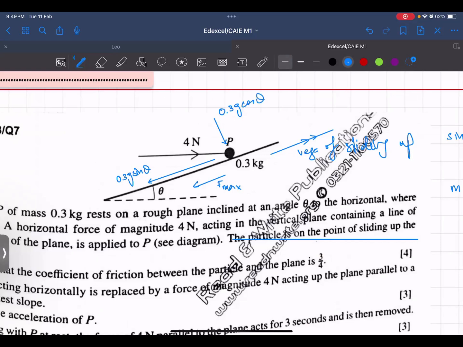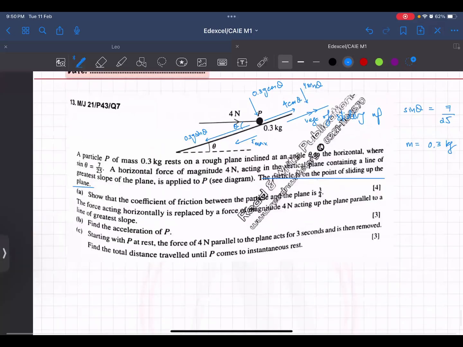This angle would also be theta, because this is forming a Z. So the component of the 4 Newton force parallel to the plane is 4 cos theta, and perpendicular to the plane is 4 sin theta. We have broken it down into all components.